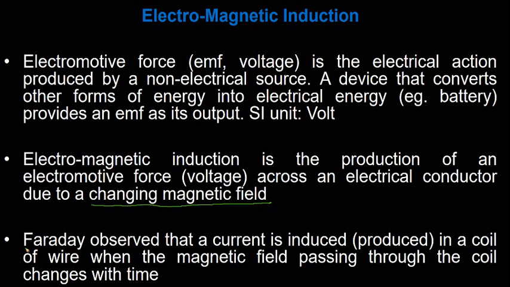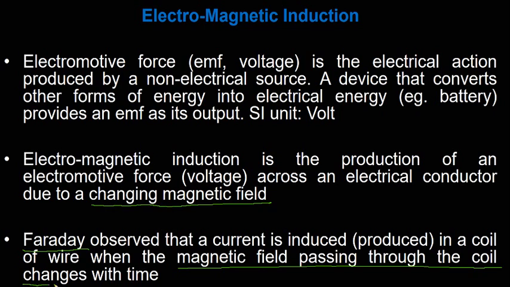It is reported that Faraday, along with a few other scientists, observed the induced current to be produced in a coil when the magnetic field passing through the coil was changing with time.